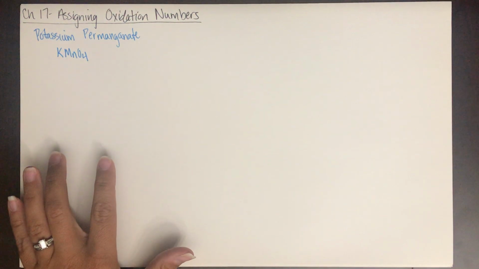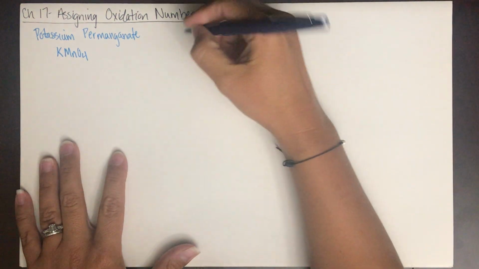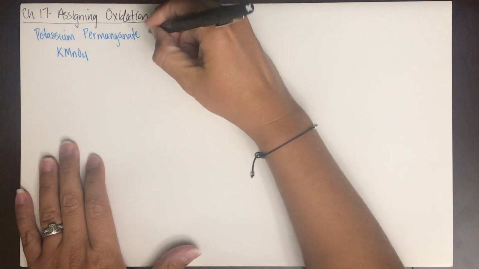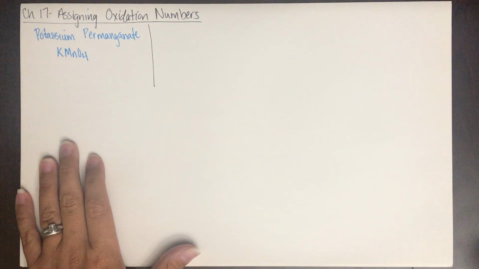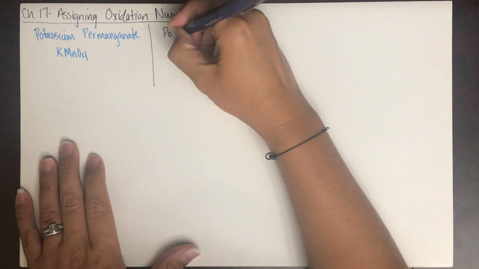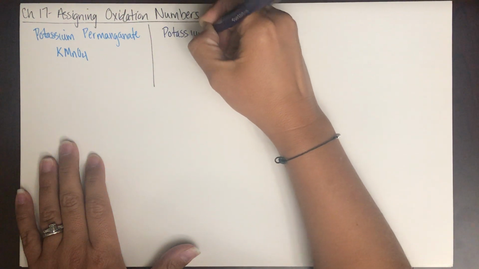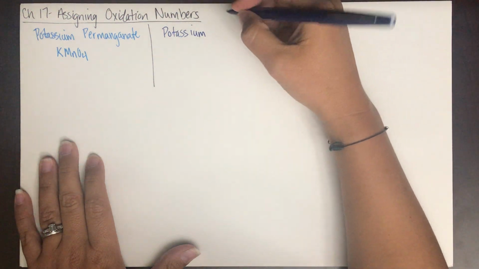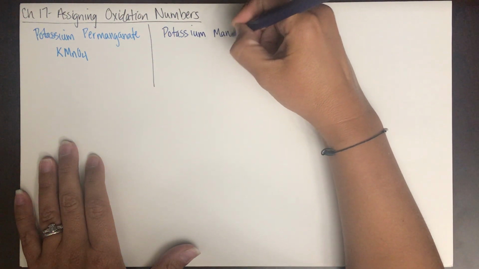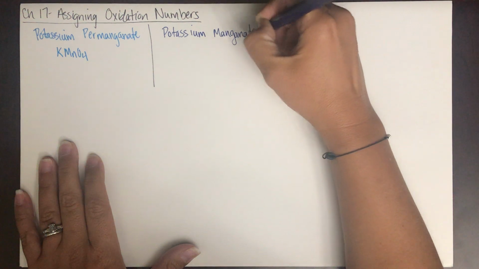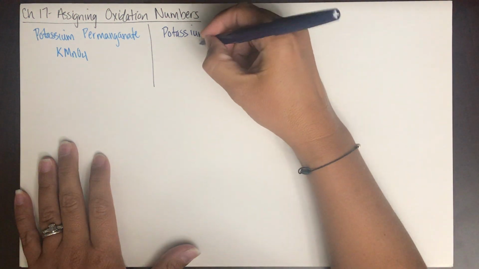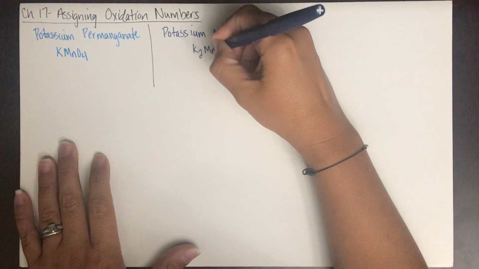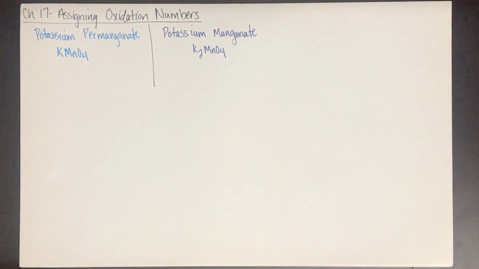And then there's just potassium manganate, which is K2MnO4. So the oxidation numbers of potassium and oxygen are not going to change.